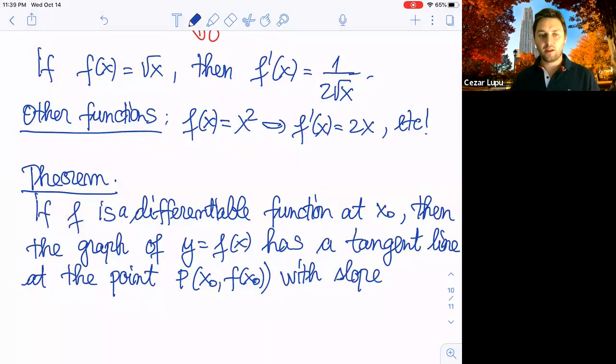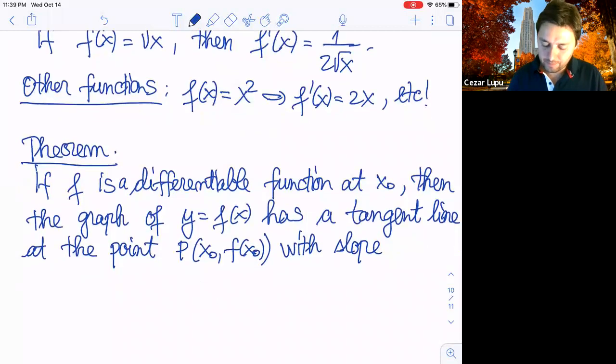It will be nothing else than just, oh, sorry about that, with slope f prime of x naught. So it will be nothing else than just the derivative of f at that point.